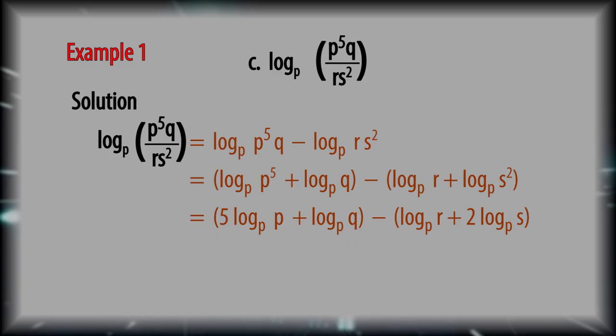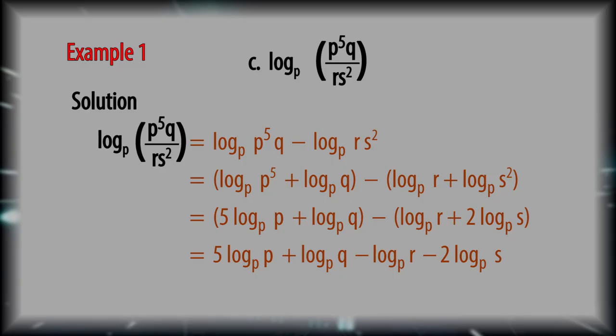Now we are going to remove the brackets. And remember, if you have a negative sign in front of the brackets, you will have to multiply everything inside the brackets by the negative. So we have 5 log base p of p plus log base p of q minus log base p of r minus 2 log base p of s.